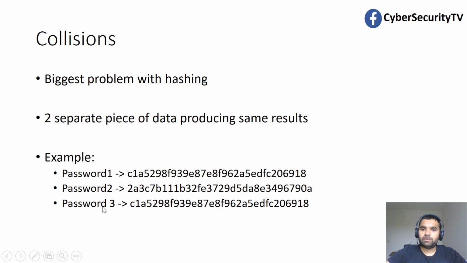Now there's a password3, which, after a certain time, since you don't have that many random strings, has a possibility of generating the same hash as password1, as you can see here. Now, this is a huge problem.